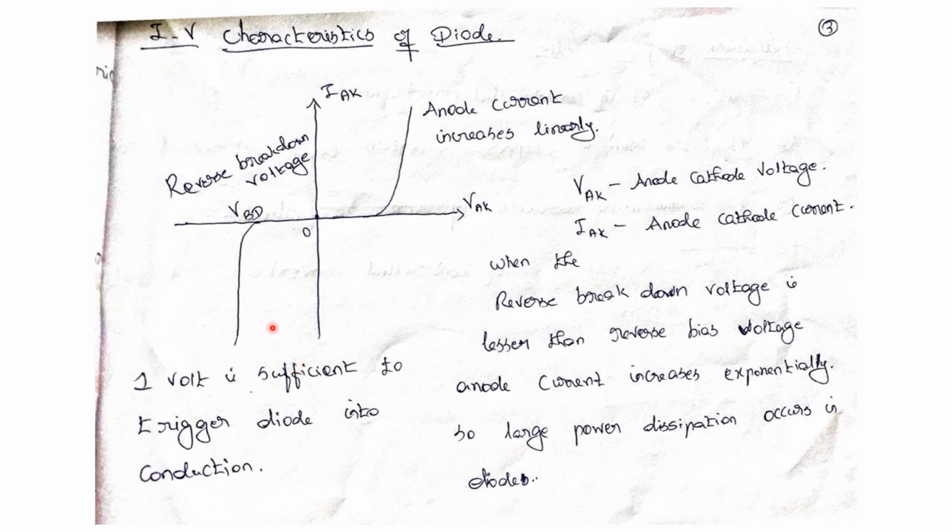This may cause damage to the device. Why does it cause damage to the diode? Because the losses are high and power dissipation will be there. That's it. Then as I told earlier, a forward bias of 1 volt is sufficient to trigger the diode into conduction mode.